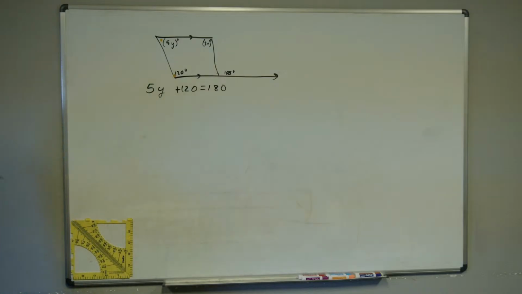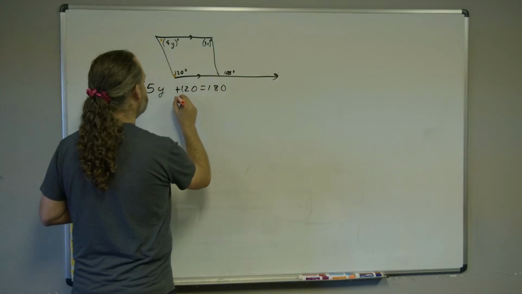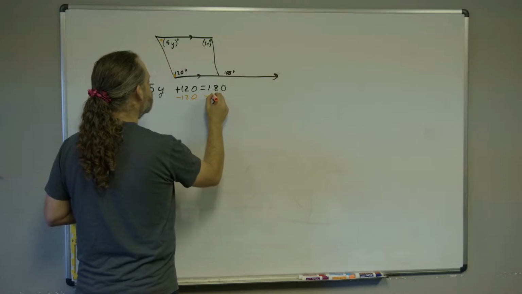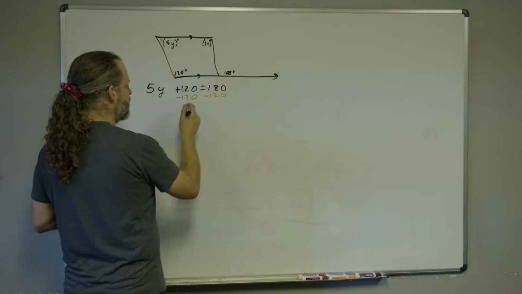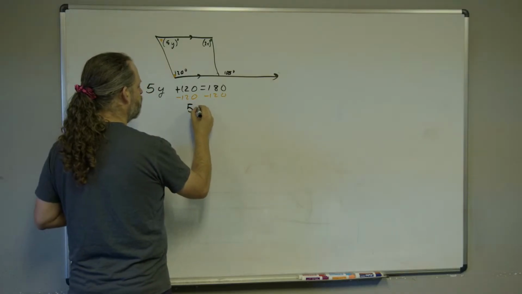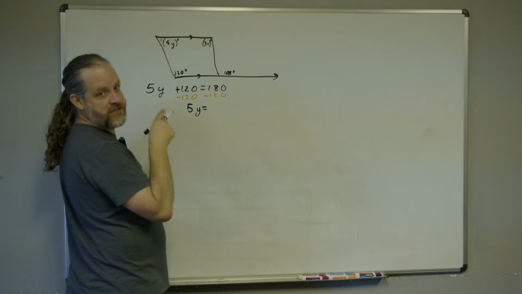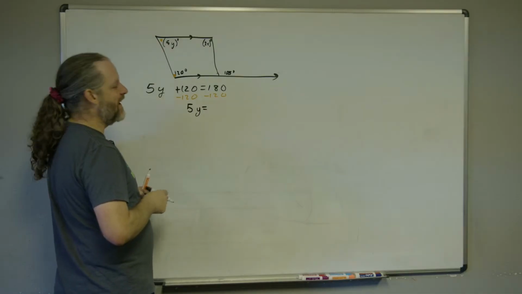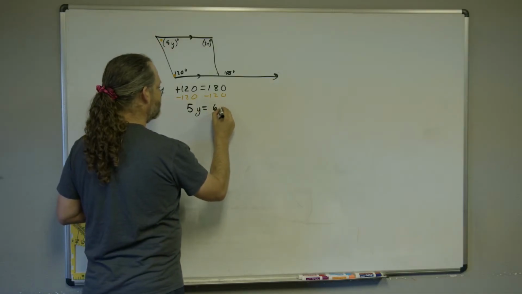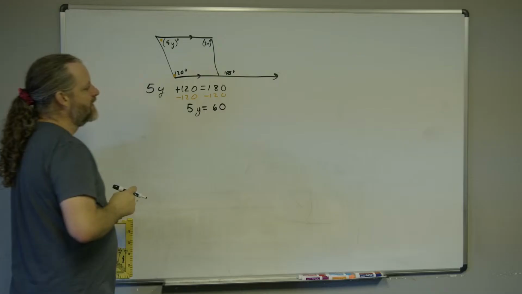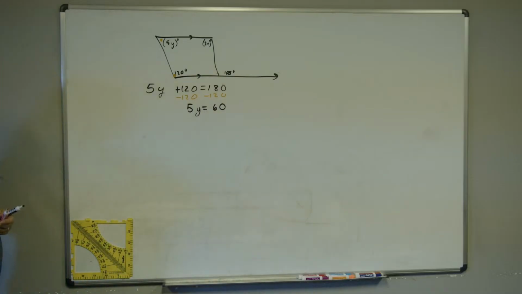So what do we do now? Subtract 120. What's 180 minus 120? Yeah, just 60, right? You're doing great. Now what? Divide by 5.